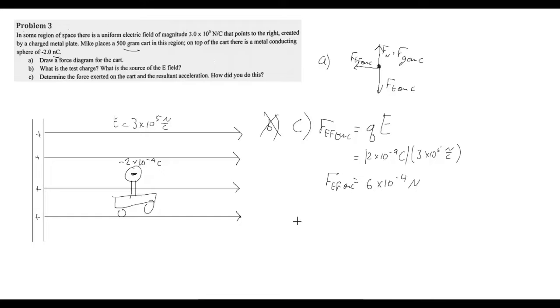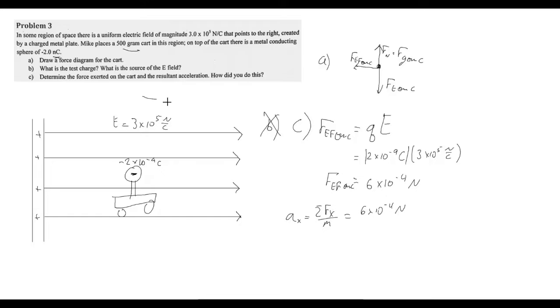Now, the acceleration in this case, since we know what the mass of the cart is and we know what the net force on the cart is, we can use our good friend Newton's second law, which is a equal to the sum of the forces over the mass. You'll notice I put these x's here. That's because the acceleration and the net force is only in the x direction. Our acceleration is going to be our net force, which is 6 times 10 to the negative 4 newtons.